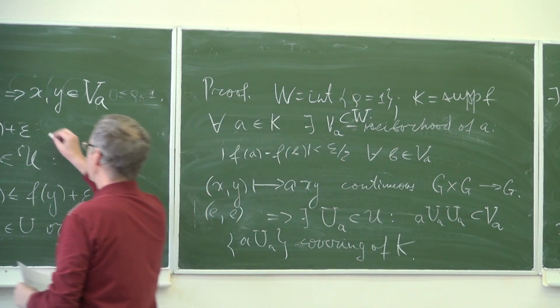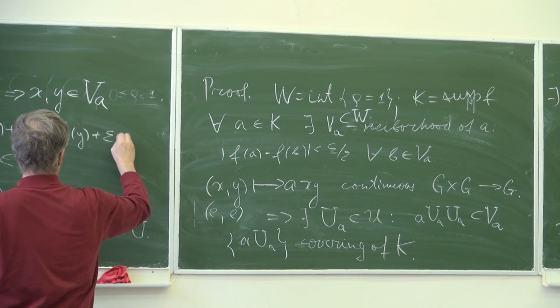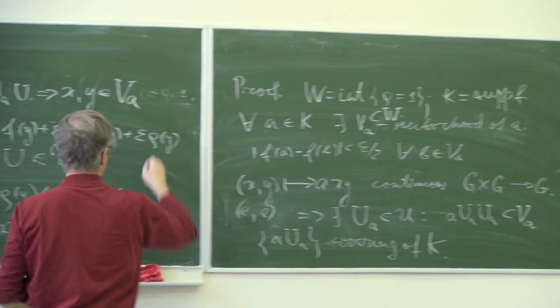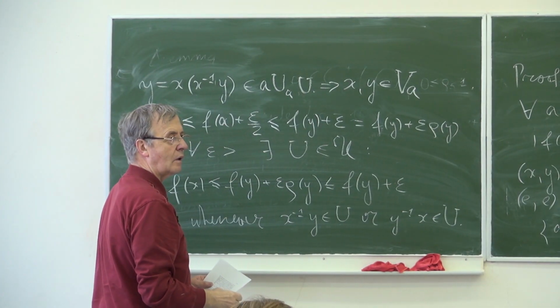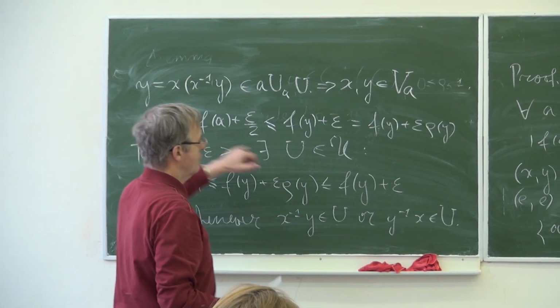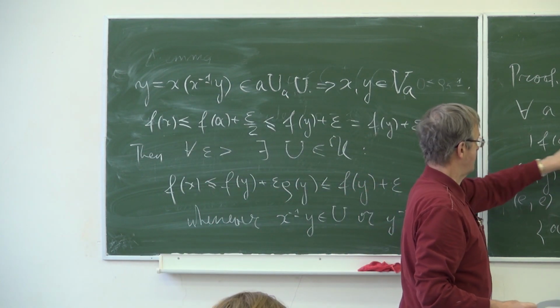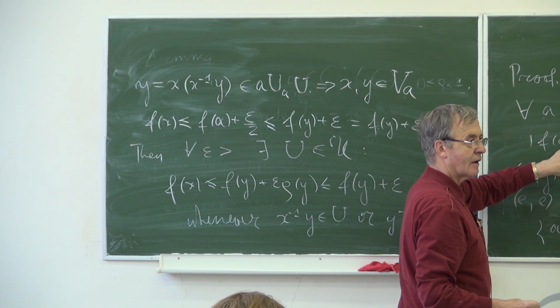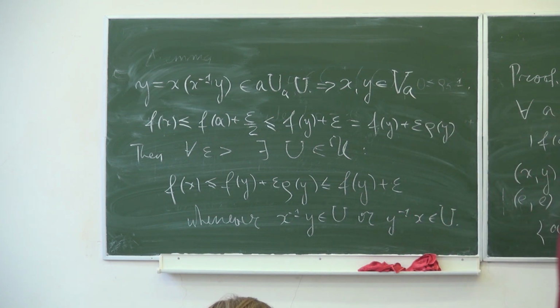So this is simply equal to f of y plus epsilon rho y, and so on. Why do you need epsilon over 2? Because I use this twice. First I replace x by a, and then I replace a by y. So of course, this doesn't matter.